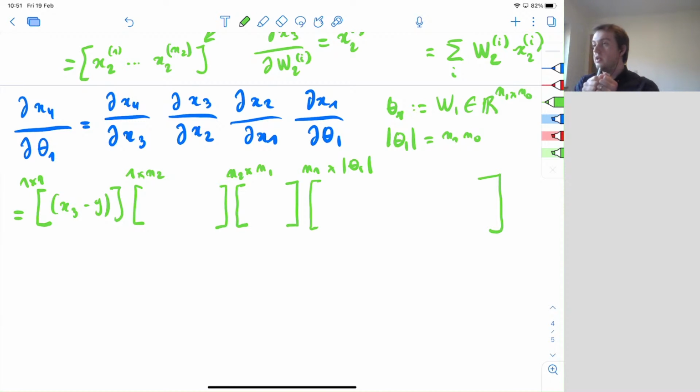It's just that I take my matrix and flatten it into a single, very long vector of size n1 times n0.